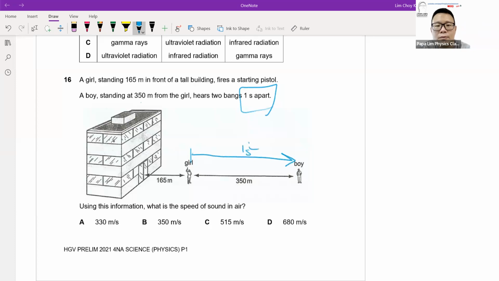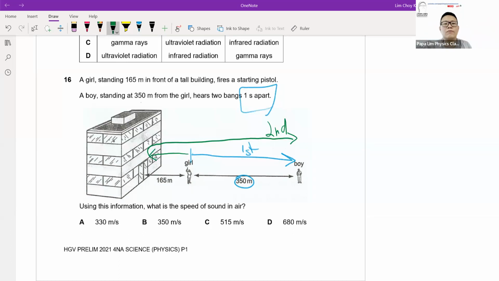This is the first sound, which travels 350 meters straight away. The second sound that the boy hears is because the sound from the girl will travel to the building first. Then after that, it will reflect and go to the boy again. So the boy will hear the second sound now.